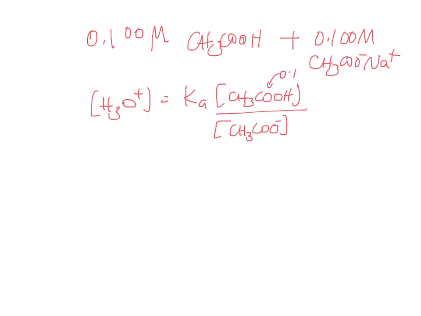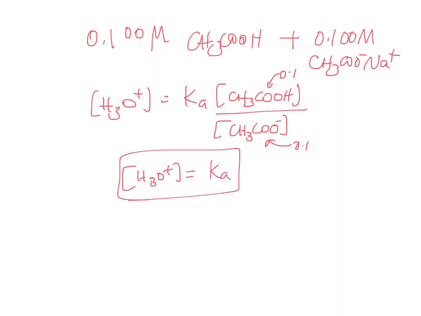This is 0.100, that too is 0.100. So one can say that the hydronium ion concentration is going to be equal to Ka in this case scenario. And this was a case scenario where both the acid and the base were exactly equal.